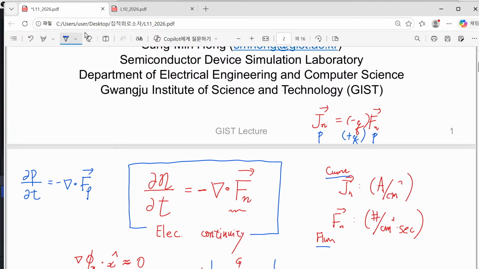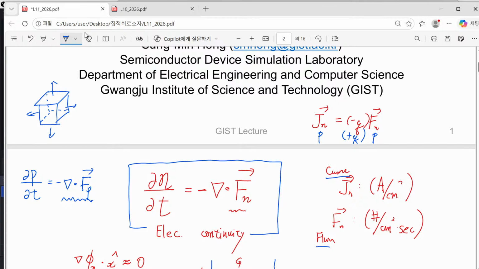So this quantity, this divergence, means that if we consider a small volume, then this divergence simply gives us the net flux escaping from our small box. That is corresponding to this divergence.